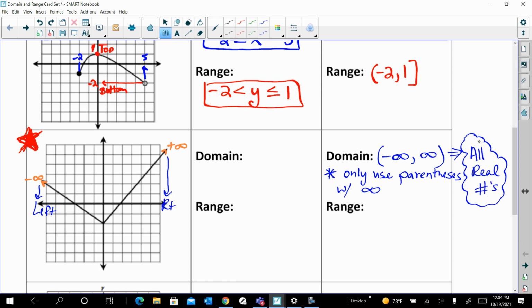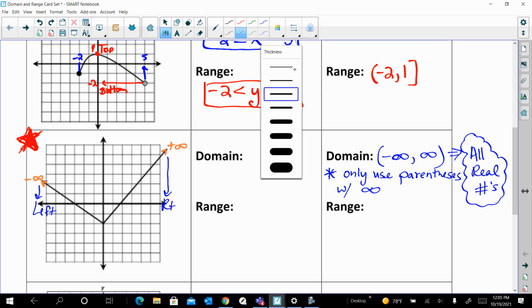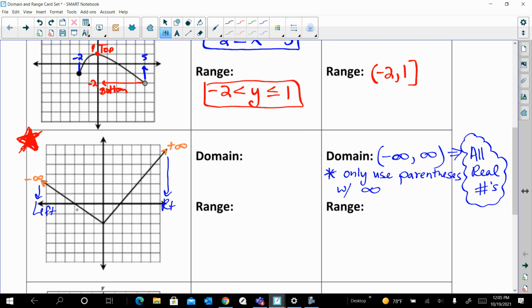Your range is still high to low or top to bottom. So when I go through this V graph, this is the bottom of the graph, the lowest part. It's right here at this point, which is a -2 on the y-axis.